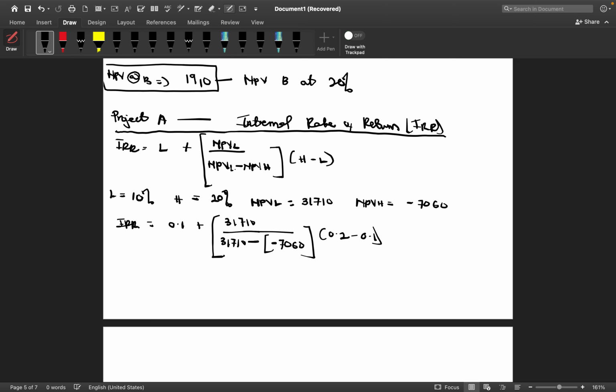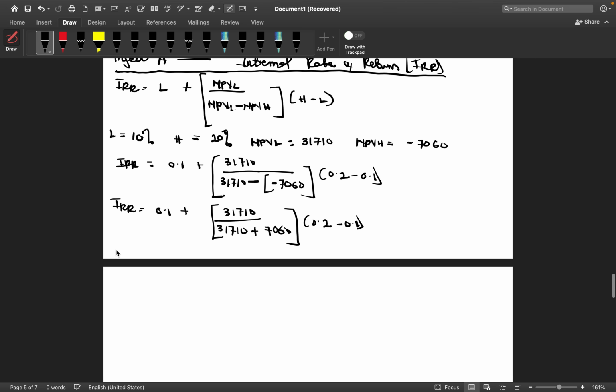That's it. So now, internal rate of return. So this is 0.1 plus 31,710, over 31,710 plus 7,060, times 0.2 minus 0.1.